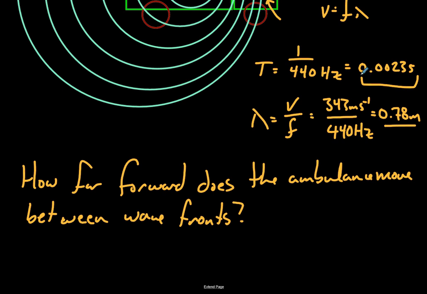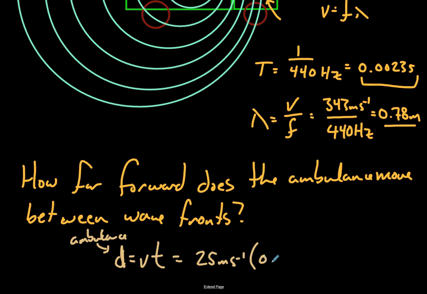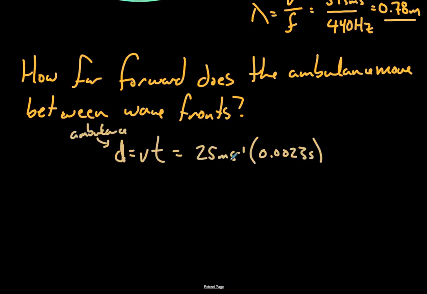So we take its velocity, which is 25 meters per second. Distance is equal to velocity times time, right? So how far did the ambulance move before the next wave front is emitted? 25 meters per second, it's not very far, times 0.0023 seconds.